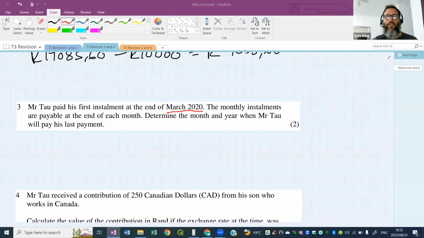He's paying 48 months, which is 4 years. So first of all, the years need to go up by about 4, right? So it has to be 2024. Yes. Well, the question is though, is it March or February?